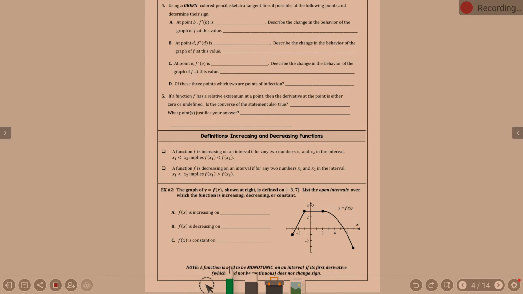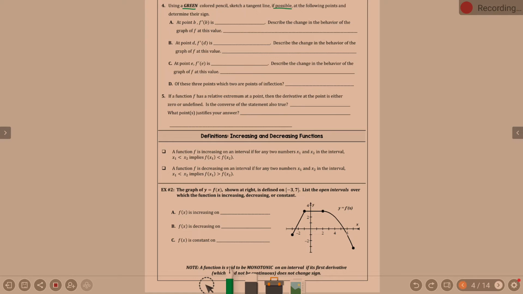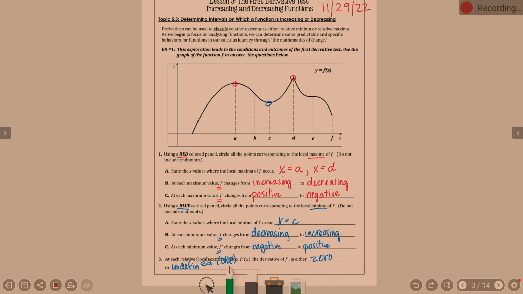Using a green colored pencil, sketch a tangent line, if possible, at the following points and determine their sign. And do notice it does say if possible. So at point B. Okay, so there's point B. What's a tangent line to this going to look like?